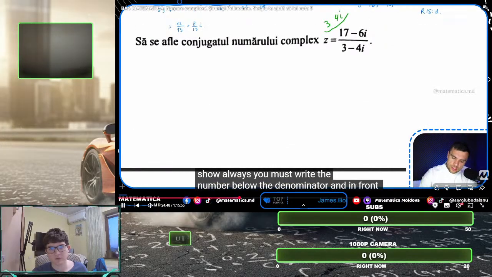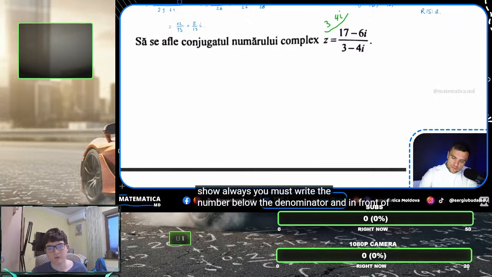Okay, this one I think we start off with the upper part multiplied by 3 plus 4i, and the part below is going to be (3 minus 4i) times (3 plus 4i) in parentheses.